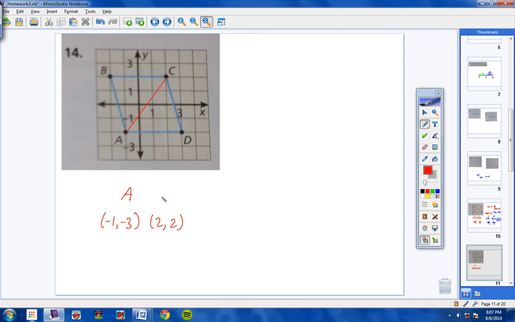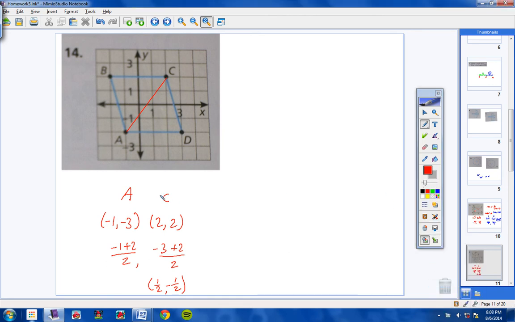So the midpoint would be -1 plus 2 divided by 2, comma, -3 plus 2 divided by 2. So we would get 1 over 2, and -1/2. -3 plus 2 is -1. So there's the midpoint of AC. All right, make sure I'm right on that. And actually, let me check my work real quick here.